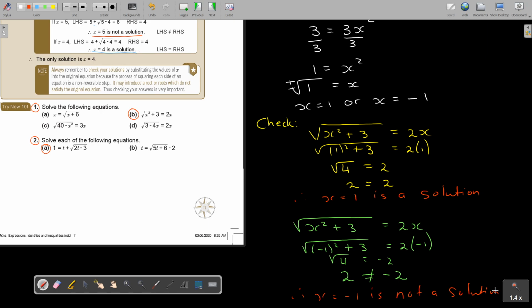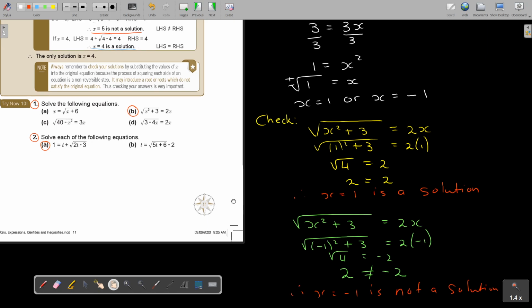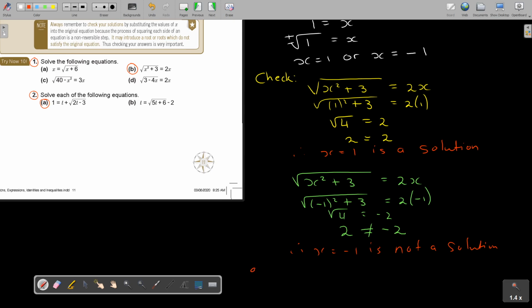Okay, and if I want, I can even go a little bit further and say, therefore, the only solution is x is equal to 1. Okay, full marks. Let's do number 2.